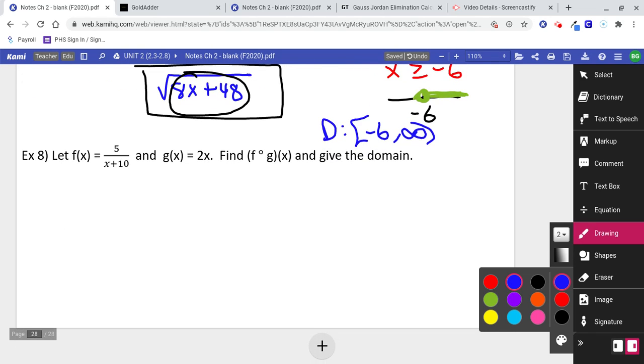Okay, last one. You got two functions, find the composition, give the domain. So f of g of x. Well, g of x is just this 2x, so we want f of 2x.